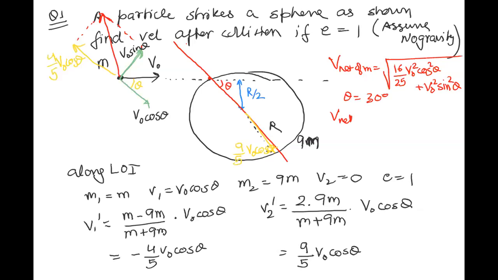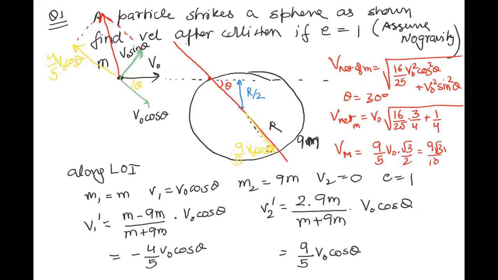So V net is equal to V naught root of 16 by 25 into 3 by 4 plus 1 by 4. And you can find this out. And V of m will simply be 9 by 5 V naught cosine theta, which is root 3 by 2. This is equal to 9 root 3 by 10.